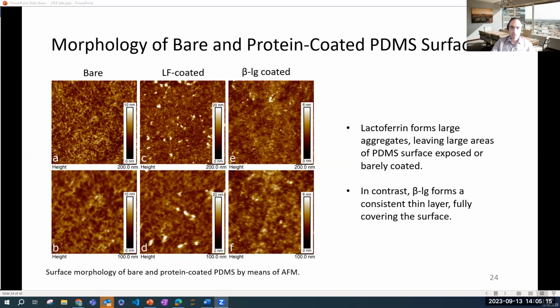But you see that there are large surface patches that remain either bare or sparsely coated with lactoferrin. In contrast, beta-lactoglobulin appears to uniformly coat the surface, so that the nanoporous structure is no longer visible. It creates a nice uniform film, coating the PDMS completely.